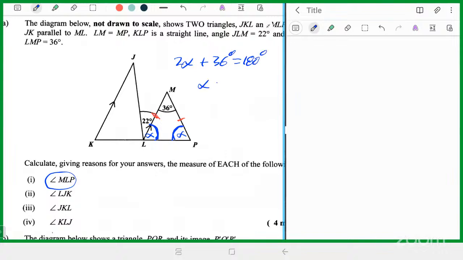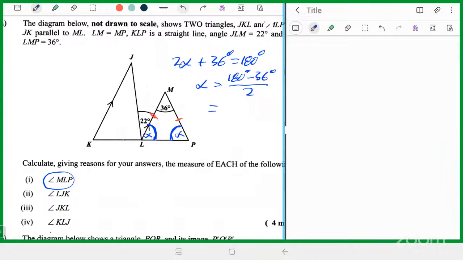So alpha is going to be: subtract from the 180 and then divide by the 2. 180 degrees minus 36, divided by 2. That becomes 90 minus 18 if you divide each of them by the 2. I can just work this out first and then divide by 2, either way. You can divide this by 2 first and get 90, divide this by 2 and get 18. And 90 minus 18 is how much? Minus 10 first, you get 80, minus 8 you get 72.